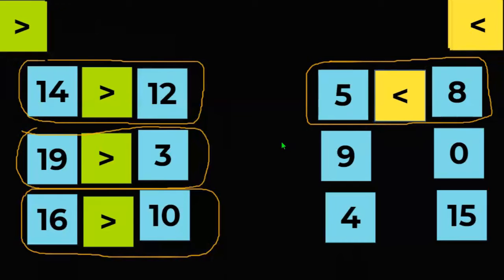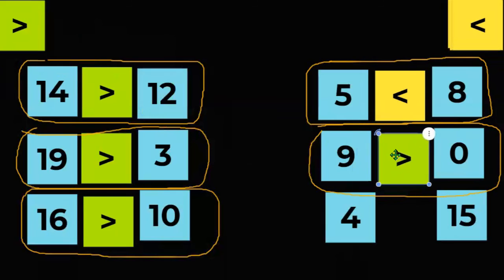Let's look at the other one. 9 and 0. The first number is 9, the other one is 0. Is 9 greater than or less than 0? Greater than. So we place the greater than sign between the two numbers. Let's look at the last one. 4 and 15.